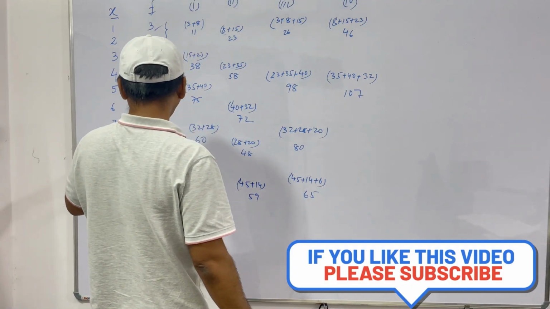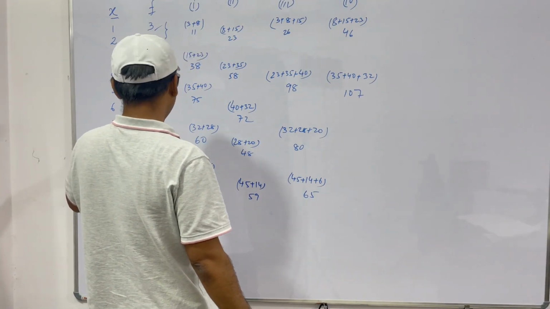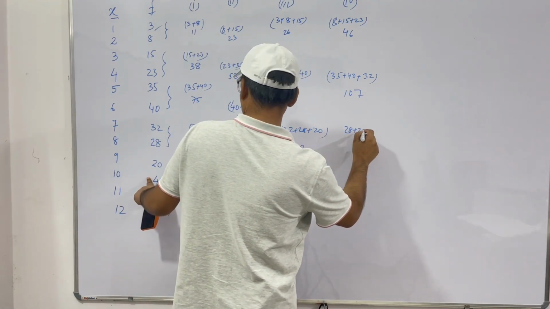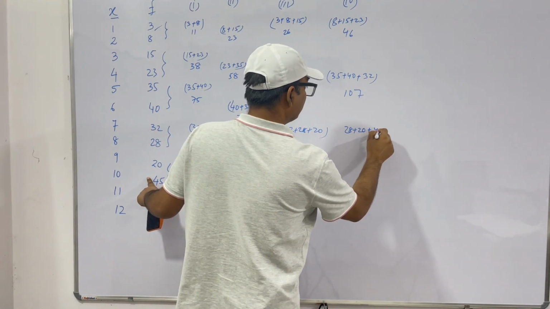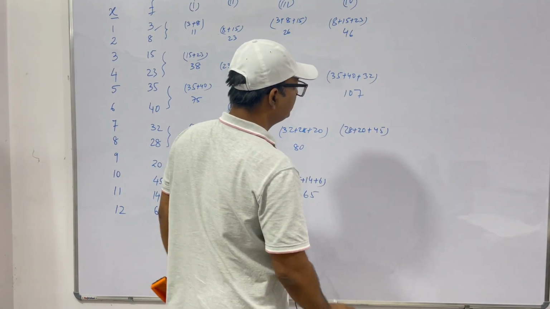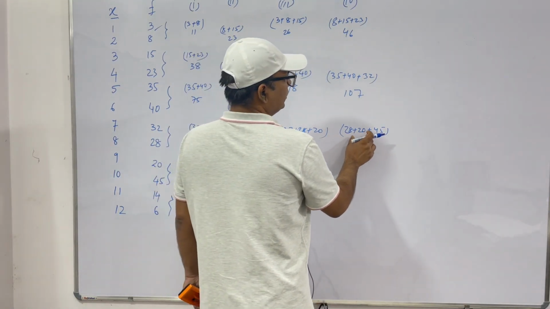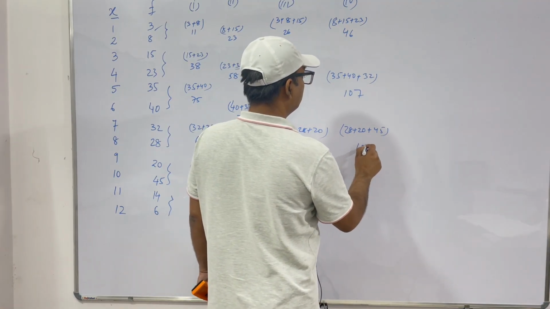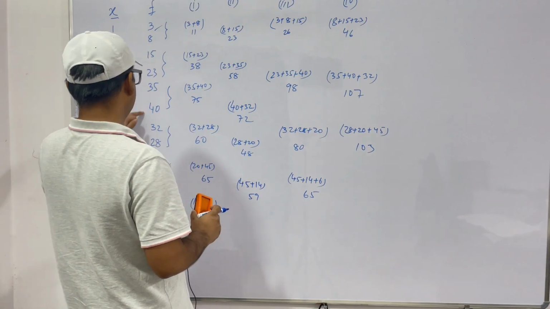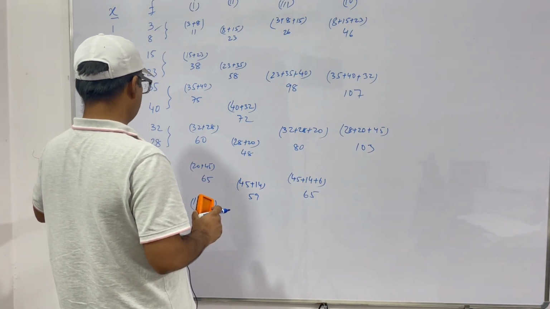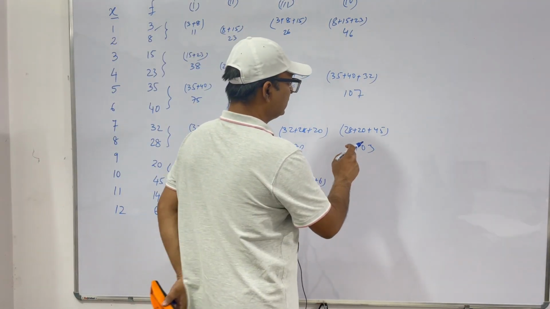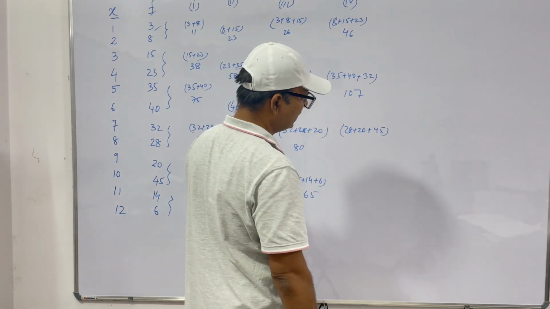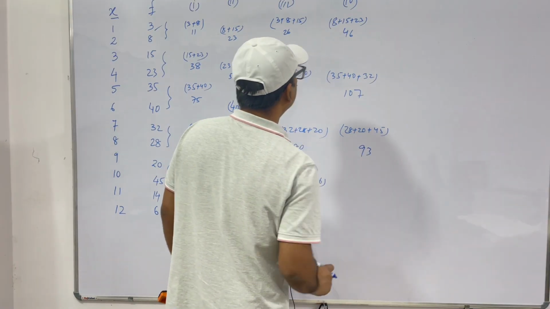Then after 32, we have 28, 20, 45. So it will be 48 plus 45, so that is 93.